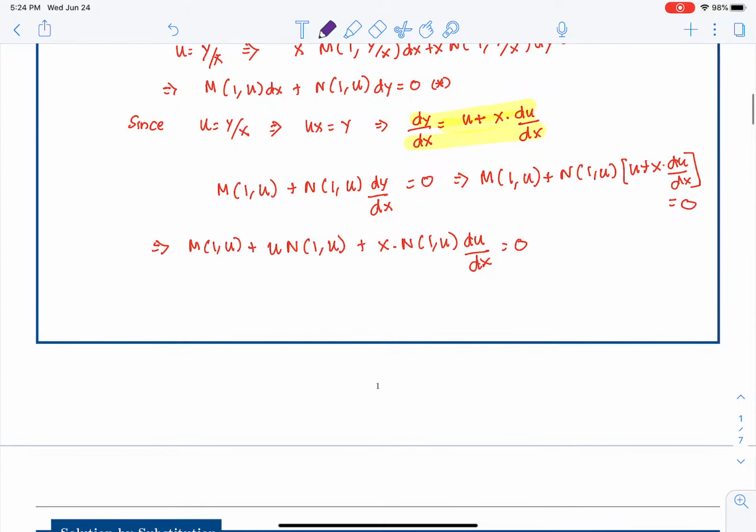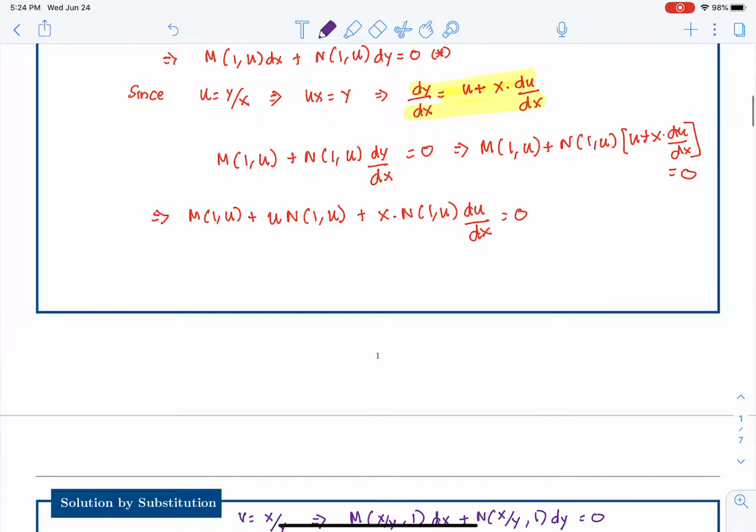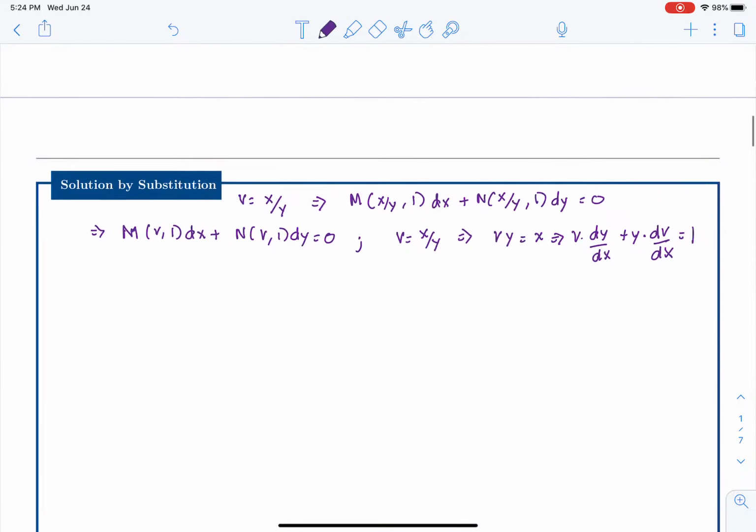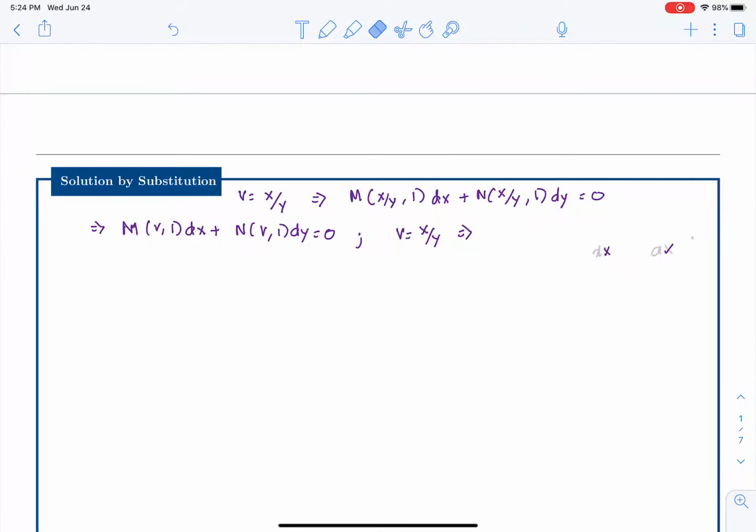Let me see, I think I'm making a slight mistake here. The better way of doing this: we would have v equals x over y, which would mean x would equal v times y, and we have to take the derivative with respect to y in this case.